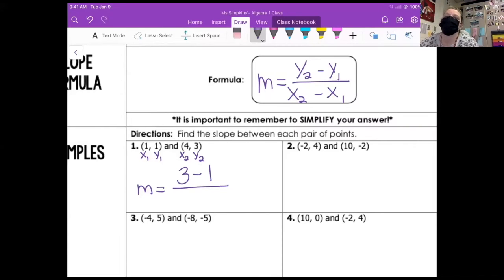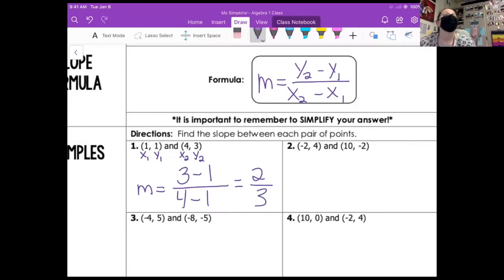What is x2? 4. Minus, what's x1? 1. And then all we're gonna do is simplify. Well, what's 3 minus 1? 2. What's 4 minus 1? 3. Our slope is going to be 2/3 for those 2 points.